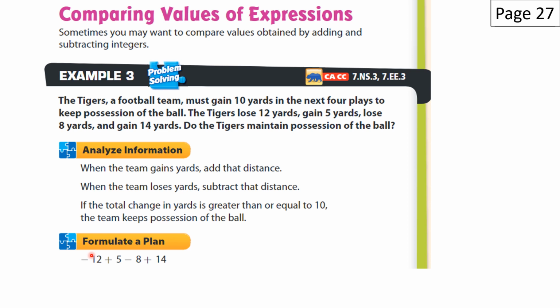So we'll take the numbers. We lose 12. And we gain 5, so that's plus 5. And then we lose 8, and then we gain 14. So every time we lose, it's negative. Every time we gain, it's positive.